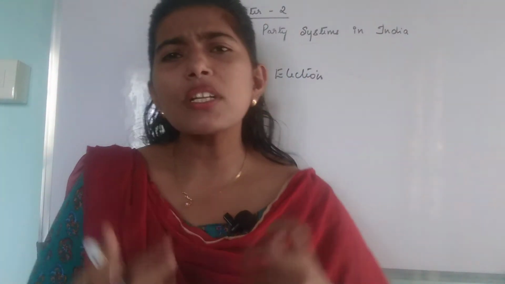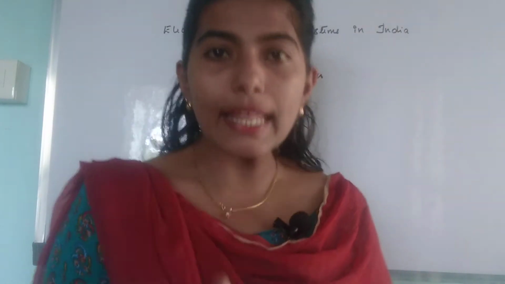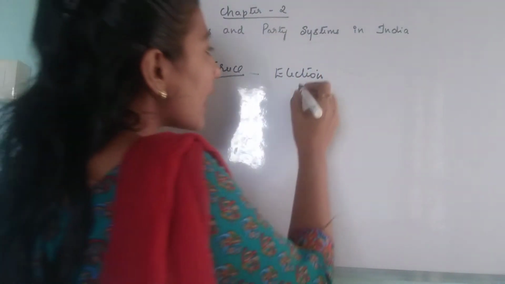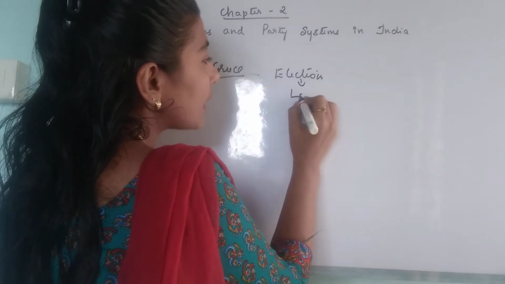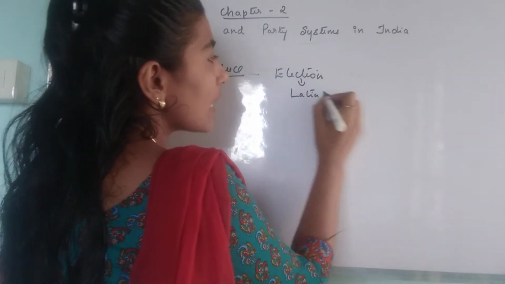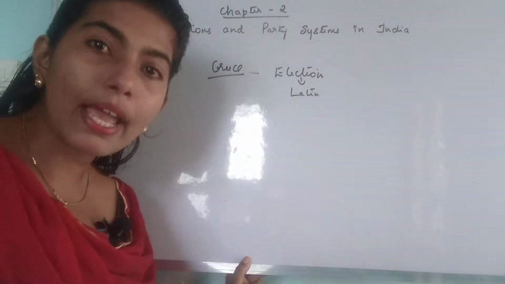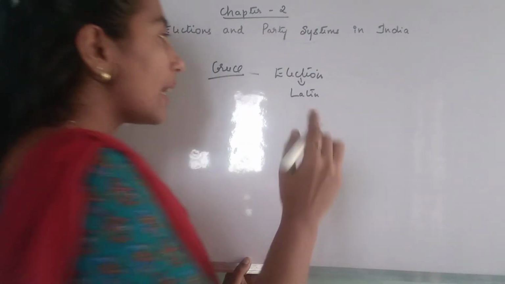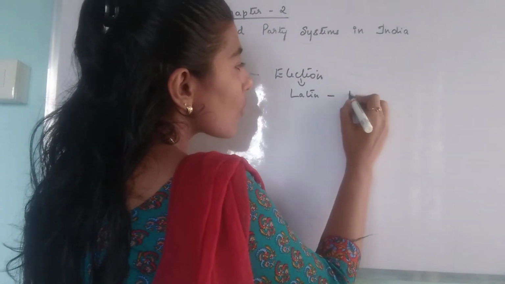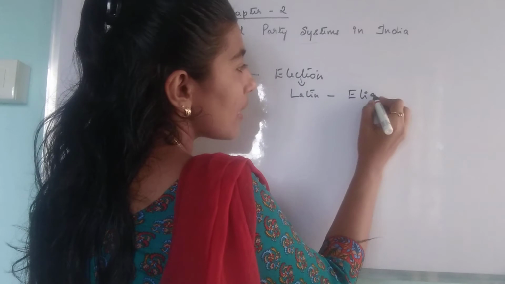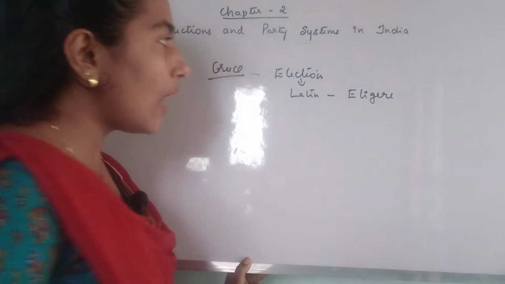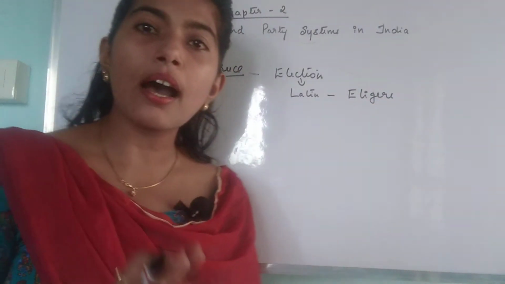So what is the meaning of this election? This English word election is derived from a Latin word. In Latin, there is a term called eligere, E-L-I-G-E-R-E.